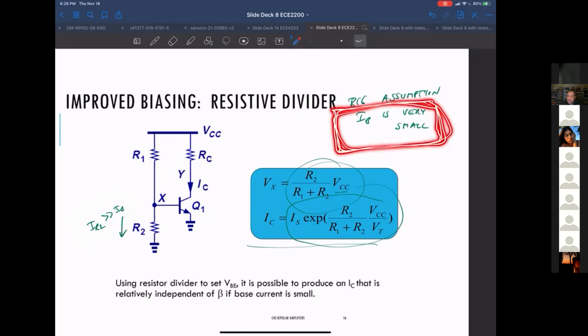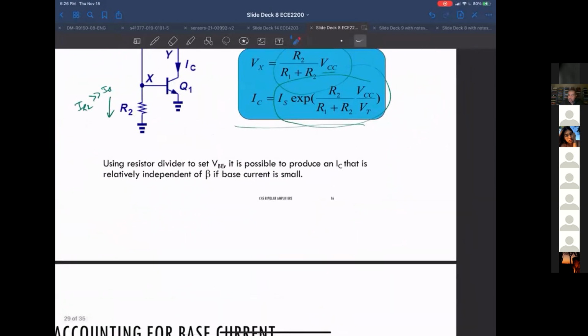It's always 50% of a very small value, so as long as I can neglect it, the exact value of I sub B doesn't matter. So having a varying beta is not going to hurt me in this situation. I'll still have about the right value. Okay, so that's the upshot of what we're hoping this is going to get us here.